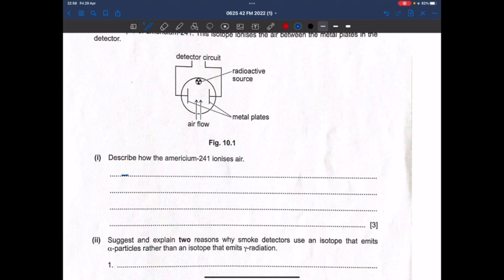By emitting alpha, americium 241 emits alpha, which has a high ionizing effect and is also positively charged.